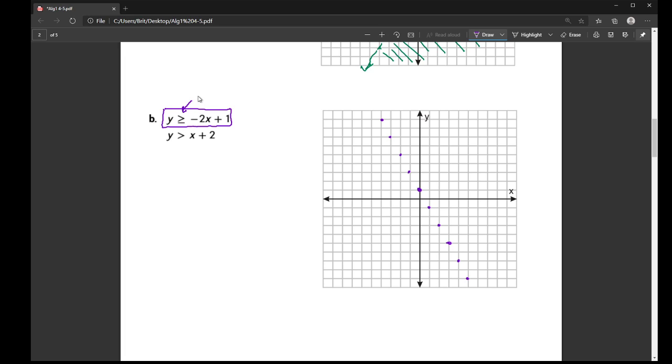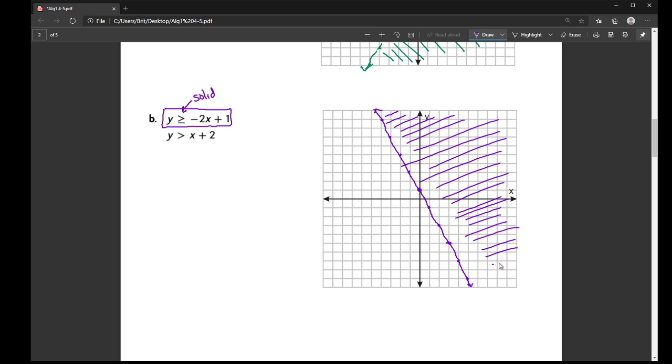Because this can be equal to it, I'm going to use a solid line. I'm going to try to draw it as straight as possible. Now in terms of shading, this says y is greater than all that stuff, so my shading would come here above the line. Like that.